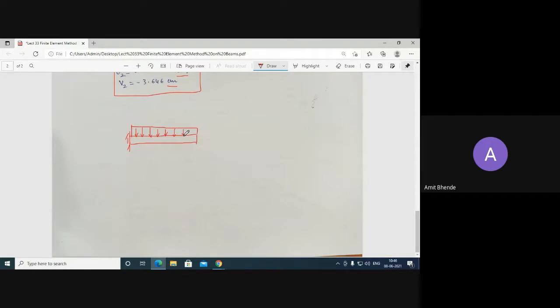So this is the uniformly distributed load, UDL. This is the UDL problem. This is one of the variations. Sometimes instead of applying the UDL to the entire span, there may be a case where the UDL is applied to only half portion.